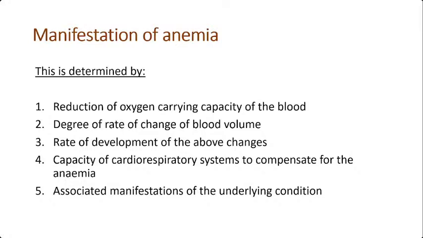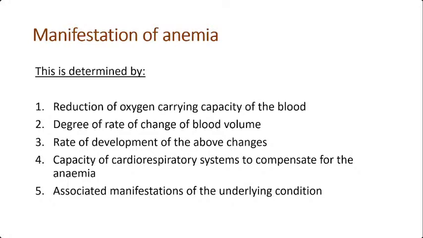As opposed to somebody who has an acute blood loss. If somebody has acute blood loss, there is very little time for the plasma volume to change. And therefore, somebody who has acute blood loss will have more severe signs of anemia as compared to somebody who has had this anemia developing over time.